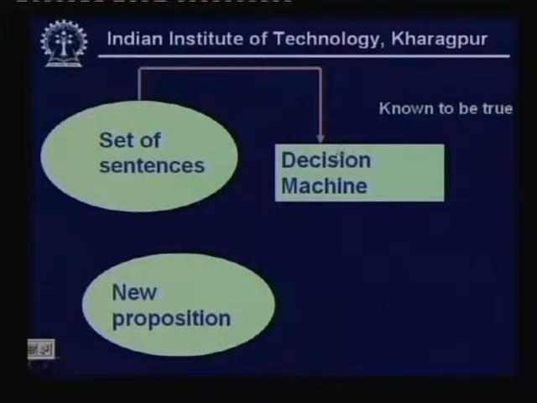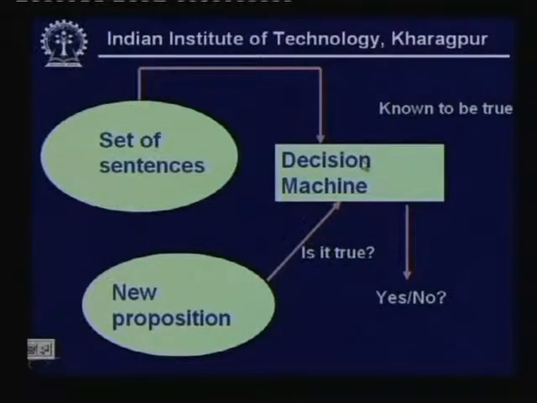Given that, the decision machine takes this new proposition and asks the question: is it true? The machine will come up with the answer yes or no. The answer will be yes if this new proposition is logically entailed by this set of sentences which are known to be true under a particular interpretation.